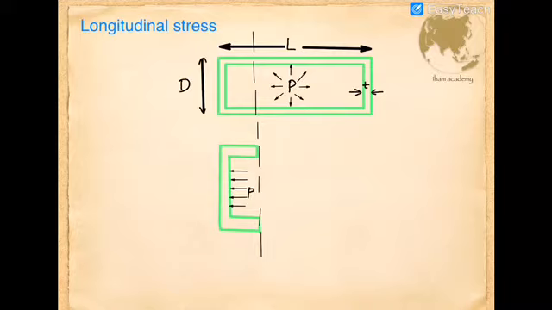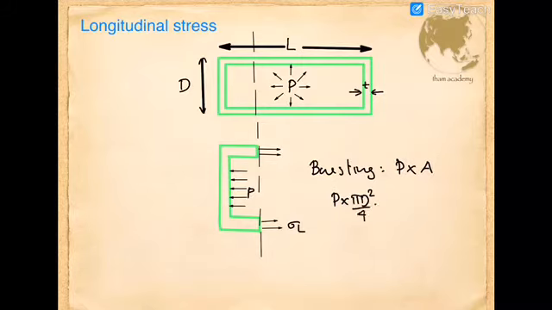If the internal pressure is applied, longitudinal stress sigma L will be developed like this. The bursting force we can find out as pressure into the area of that particular cylinder, so P into pi d square by 4 will be the bursting force. This will be resisted by the longitudinal stress sigma L along this longitudinal direction.